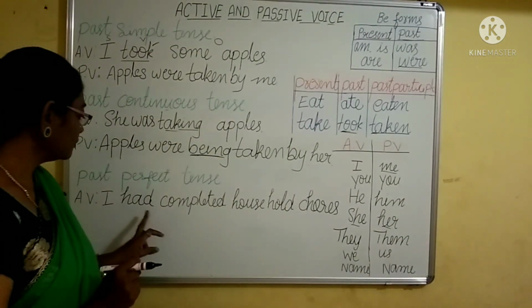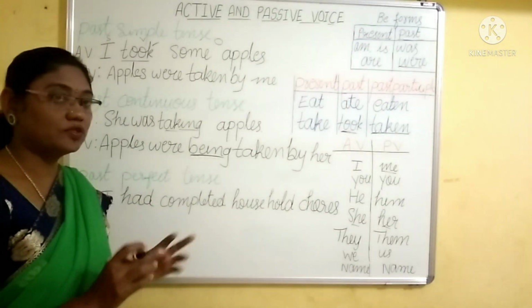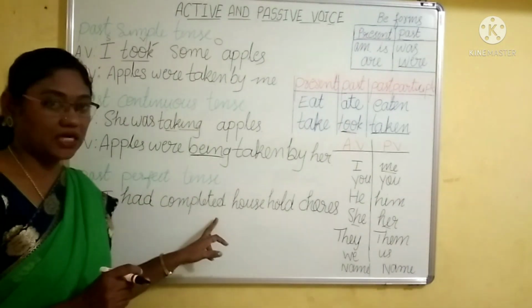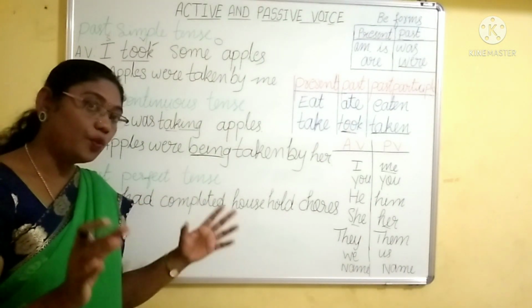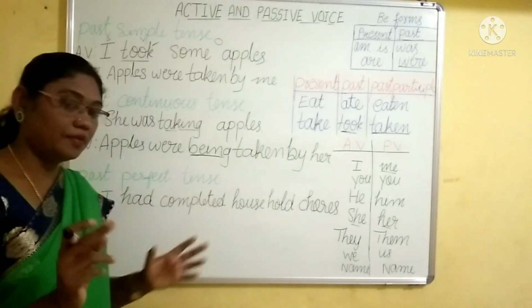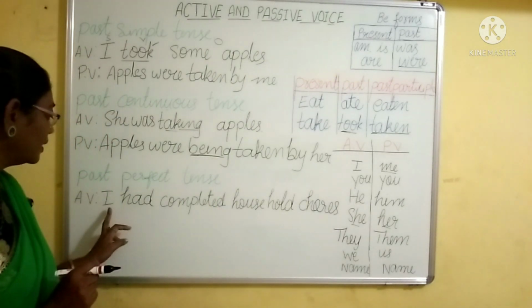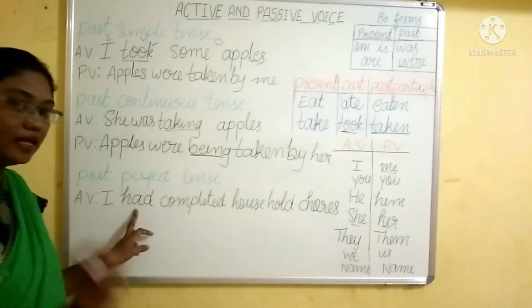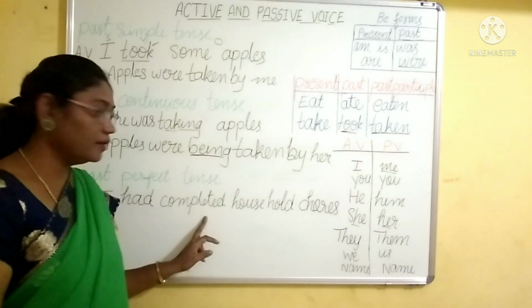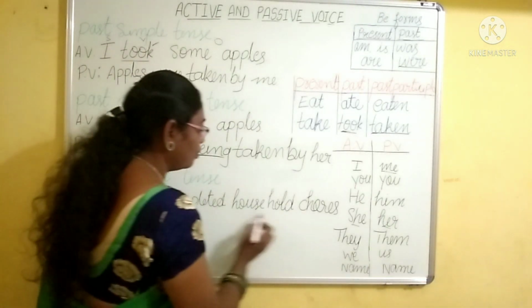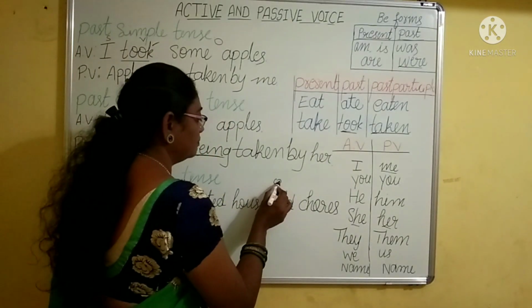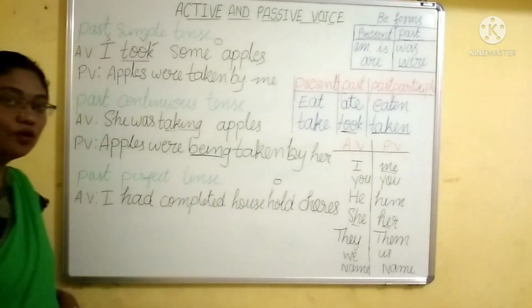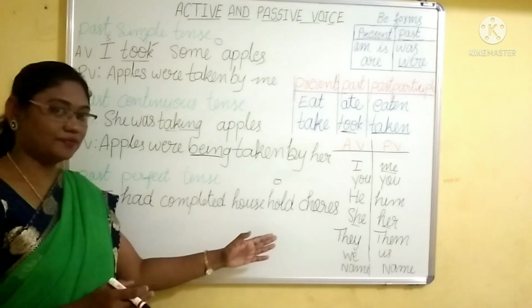Had and have forms are always followed by V3. Always followed by the V3 verb form. Remember this. I is the subject, had is the helping verb, completed is the main verb, and household chores is the object. Right? So let's begin with the object.